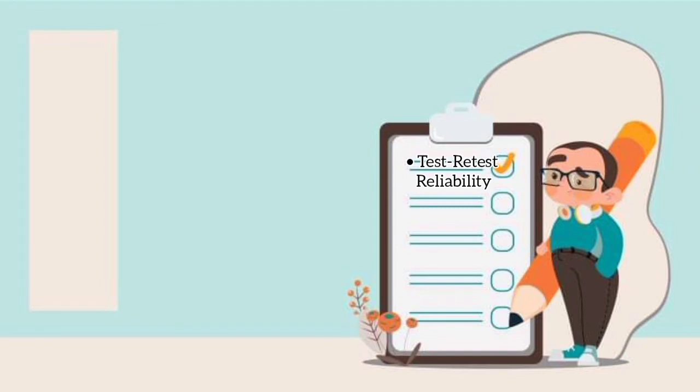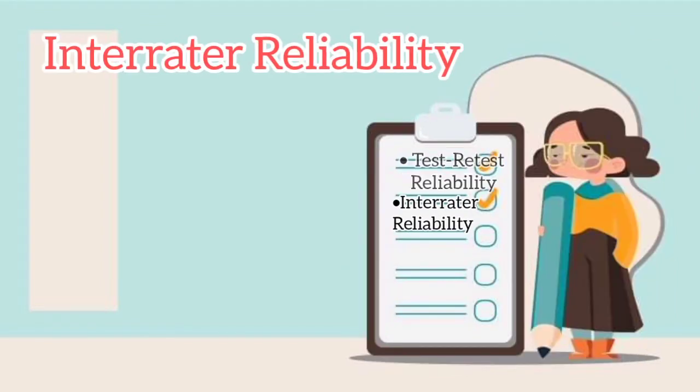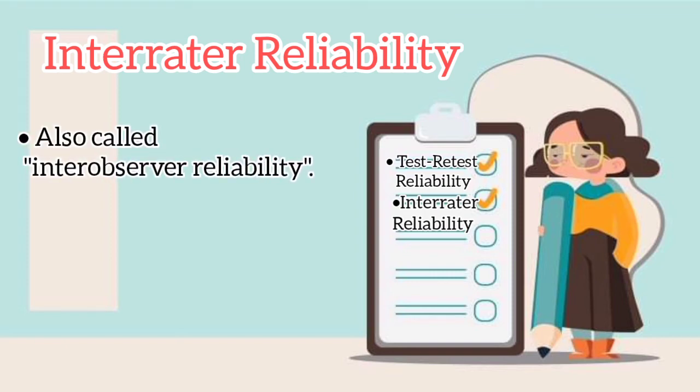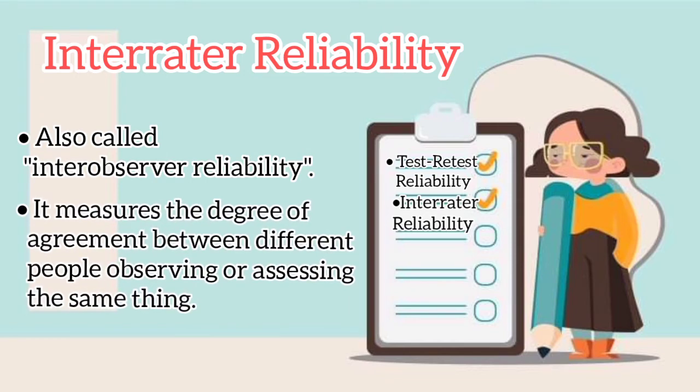The next is inter-rater reliability. Inter-rater reliability, also called inter-observer reliability, measures the degree of agreement between different people observing or assessing the same thing. You use it when data is collected by researchers assigning ratings, scores, or categories to one or more variables.